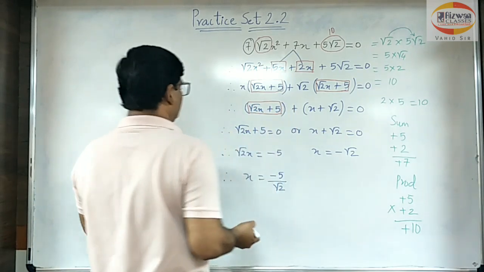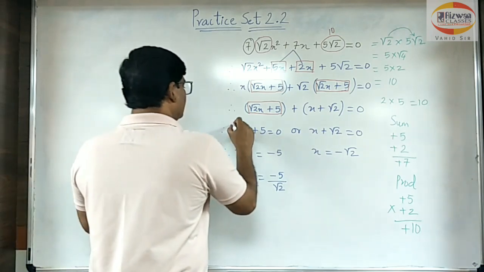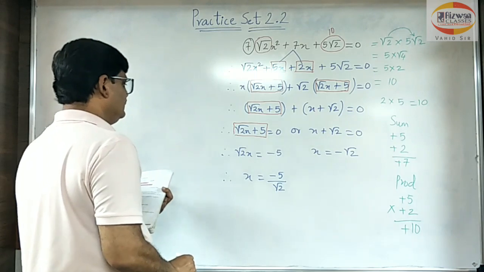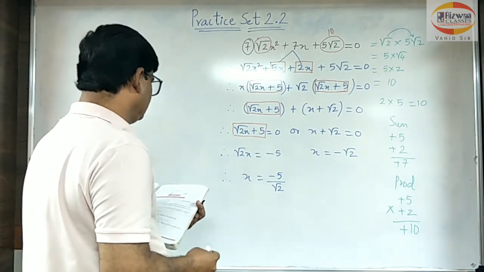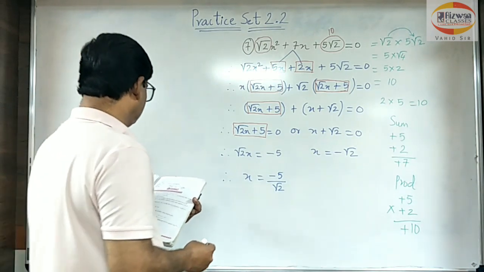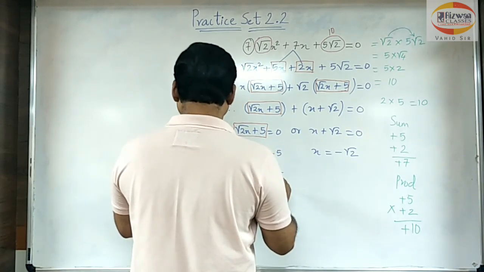I have already solved this sum, and in the bracket here also you will be having a bracket. And then one more is there, that is we got the answer x is equal to minus 5. Here also there is one bracket.